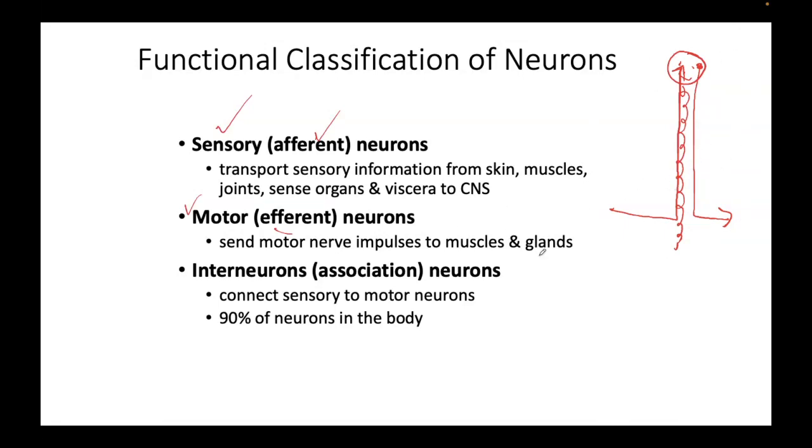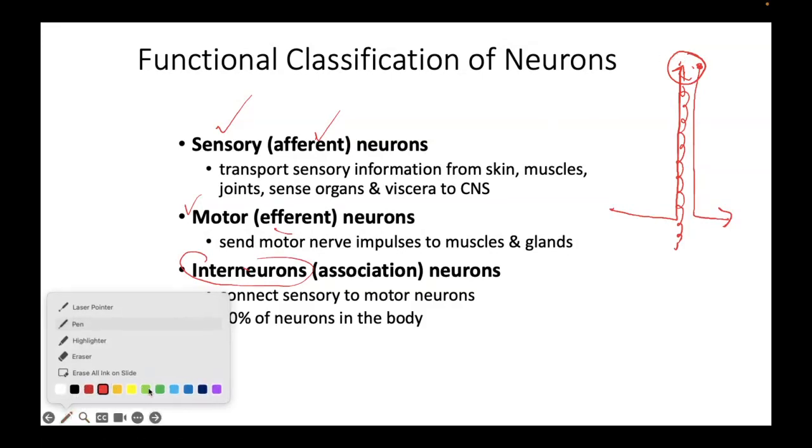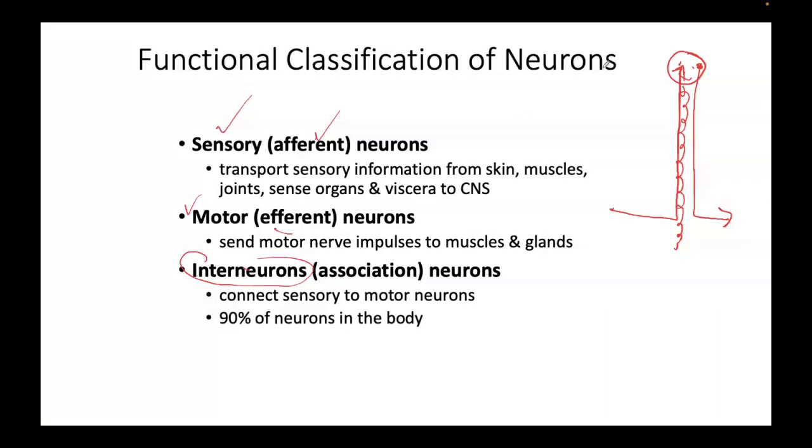But neurons themselves are classified as sensory neurons, motor neurons, and interneurons. An interneuron is just as it sounds. What do we have that can connect the sensory to the motor?